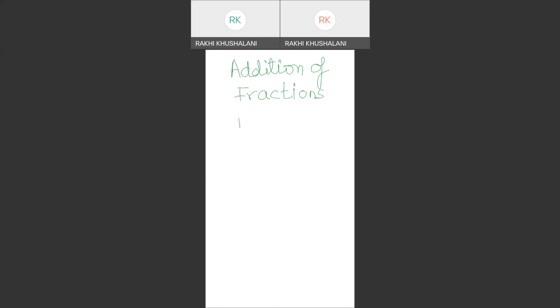If I have 1 by 2 plus 3 by 2, look at the denominators first. First step is look at denominators. Okay.